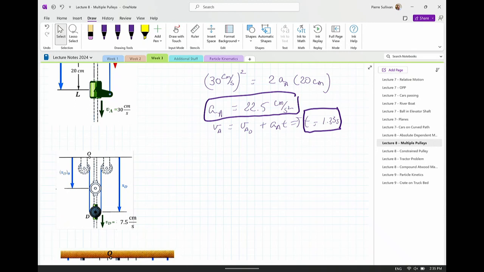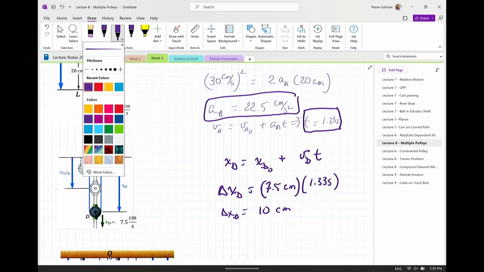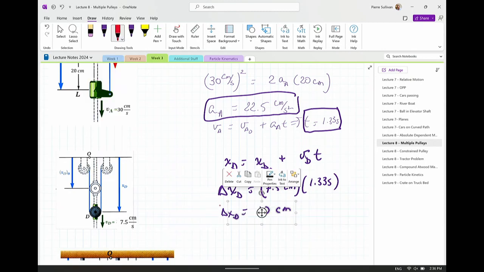So XD equals XD naught plus velocity of D times time, and delta XD is equal to 7.5 centimeters per second times 1.33 seconds, which is equal to 10 centimeters if you don't worry about your significant figures. So I have the displacement now.